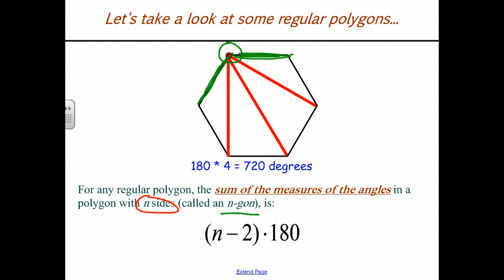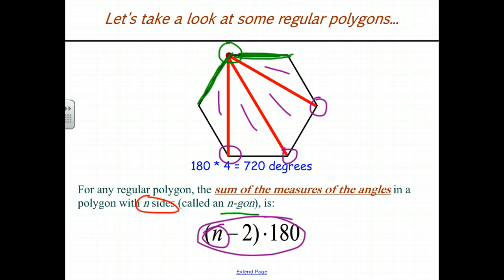And so the number of vertices that remain for it to connect to is the number of sides minus 3. It creates then n minus 2 triangles, and each triangle has 180 degrees.